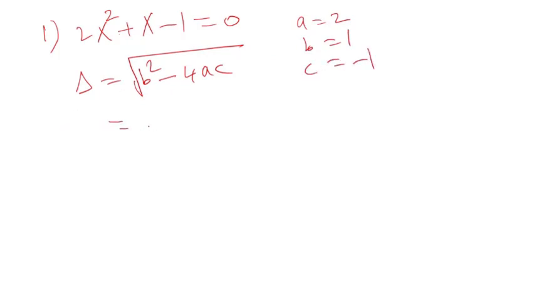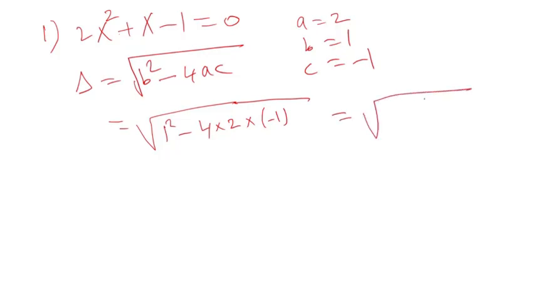So delta is equal to the square root of b, which is 1, squared minus 4 times a, which is 2, times c, which is minus 1. So the square root of 1 minus 4 times 2 is minus 8, times minus 1 is plus 8, which is the square root of 9, which is 3.